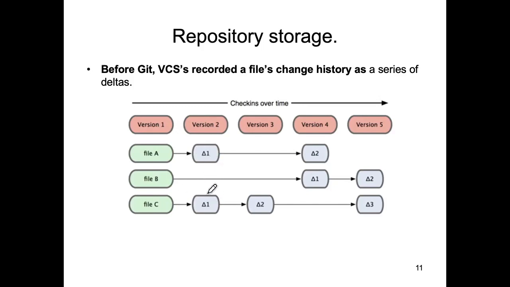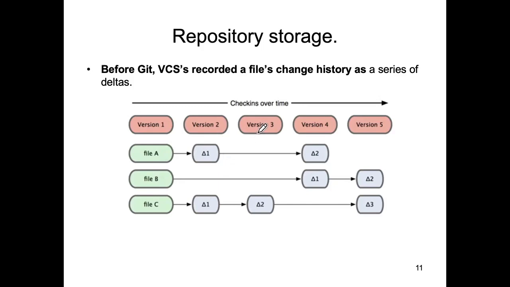If I want to recreate this one, I have to, well, not I, but the particular tool itself, it takes the initial file, then makes this change to it, takes the second file, doesn't make any change, takes the third file and makes that change. So it has to essentially recreate or rebuild the project for you.